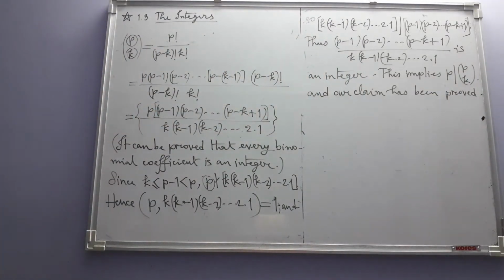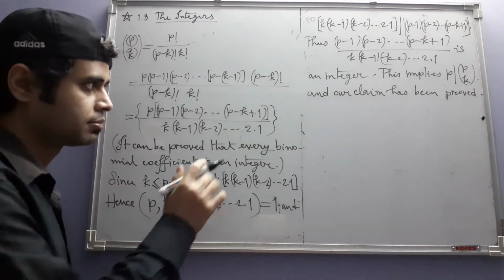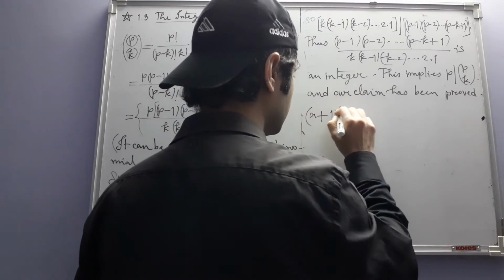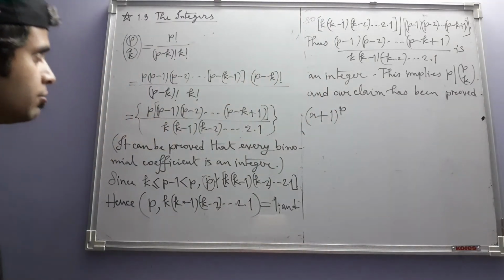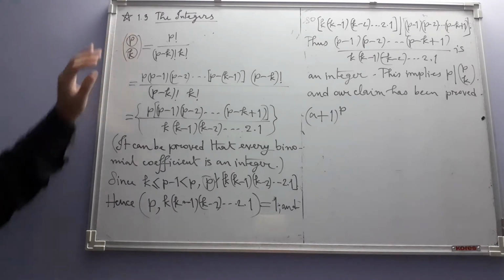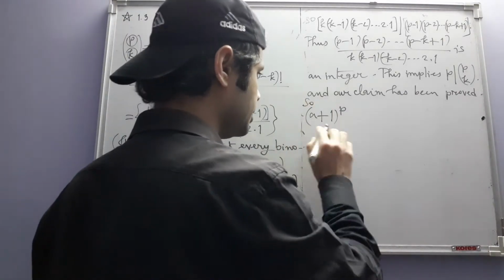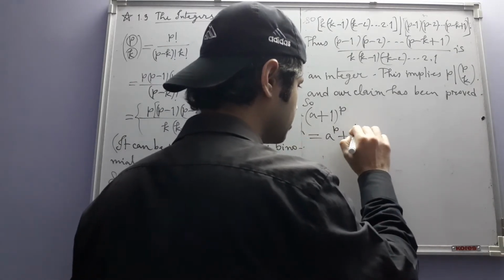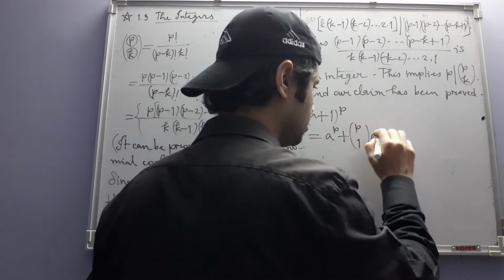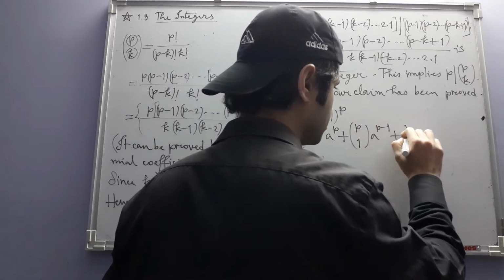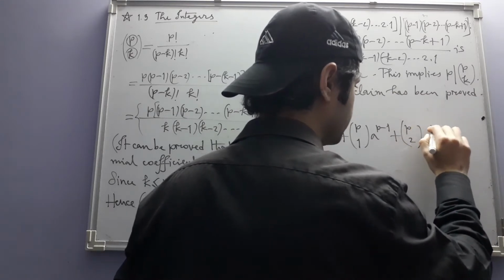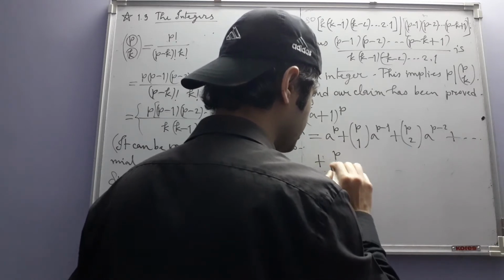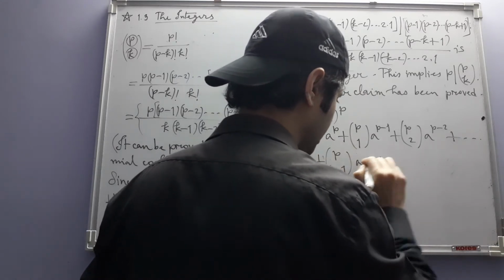Now we go back to the expansion of the expression using the binomial theorem. There we encountered these coefficients, right? So this is equal to a to the power p plus pC1 a to the power p minus 1 plus pC2 a to the power p minus 2 plus etc. plus pC(p minus 1) a plus 1.